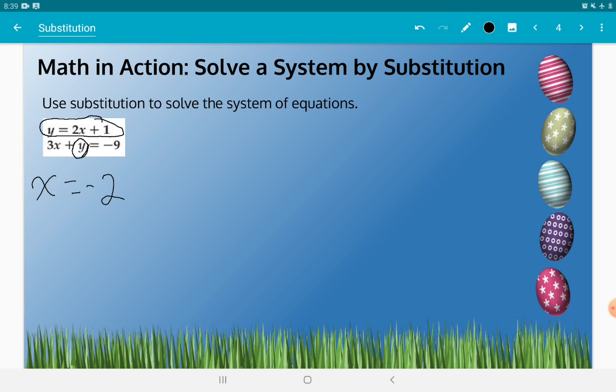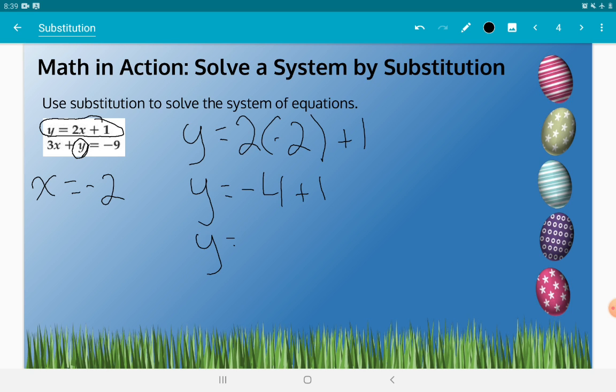So substituting x is negative 2 into the first equation, I'm going to write y equals 2 times negative 2 plus 1. And all I'm doing is substituting x in where it says x in this equation up here. So that means that y equals negative 2 times 2 is negative 4 plus 1. So y equals negative 3.